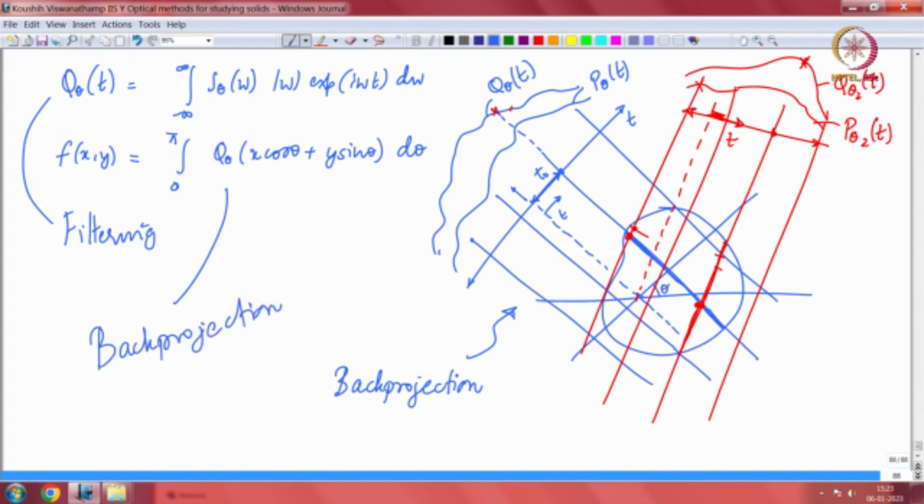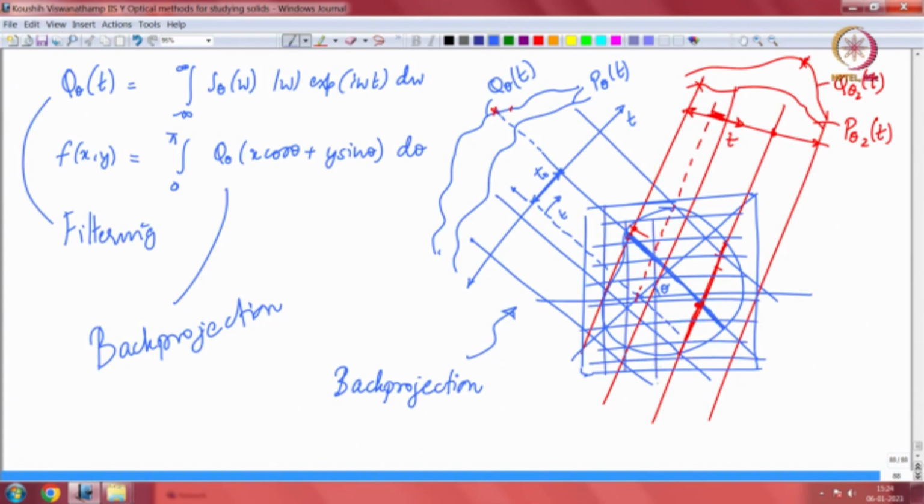Okay. Now you can easily imagine setting this up. If you have a 2D array, again in the interest of time we will not be able to do this for you, but I think this should give you enough information to get started, right. So let us say you have a 2D array and you want to reconstruct the value of f of x y on this 2D array. Okay. So at each location, each pixel location, you can back project this value of the line that is passing through this pixel location on this projection at this theta.